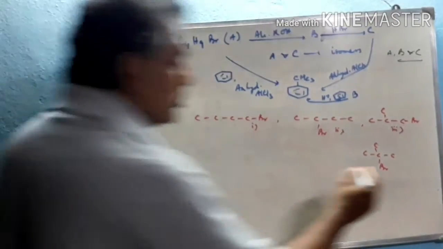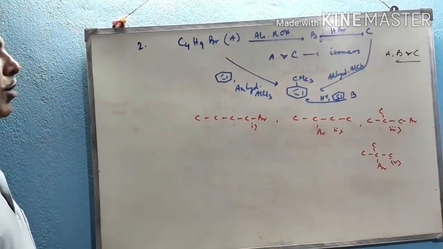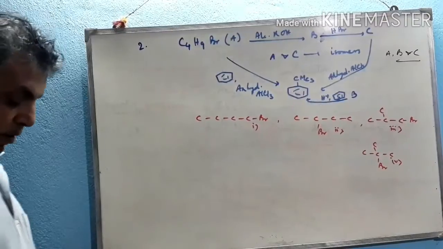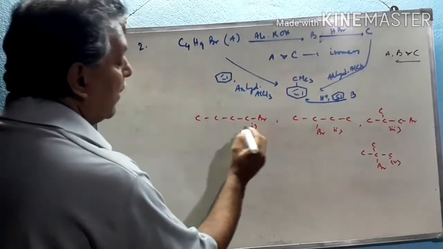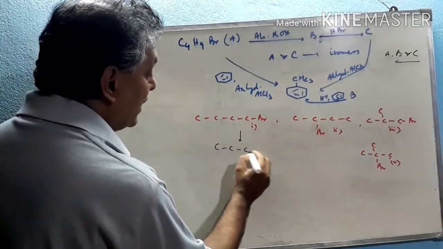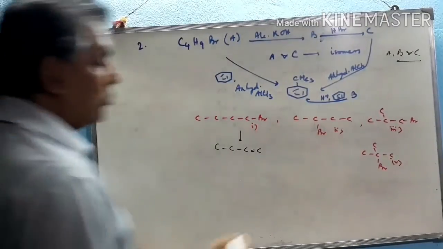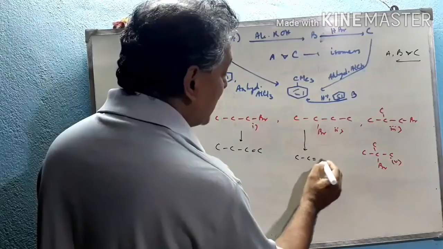So these are the 4 different isomeric structures of the general molecular formula C4H9Br, of which the first compound on dehydrohalogenation with alcoholic KOH produces but-1-ene. The second compound in the same reaction produces but-2-ene.